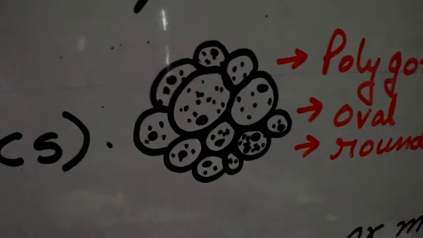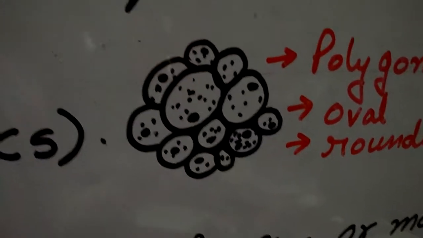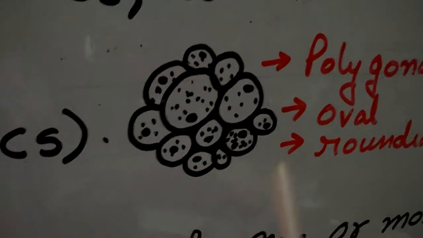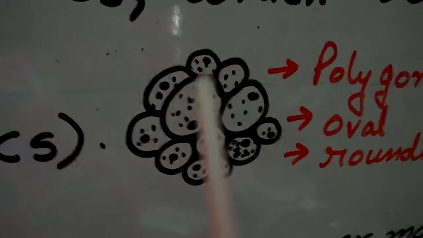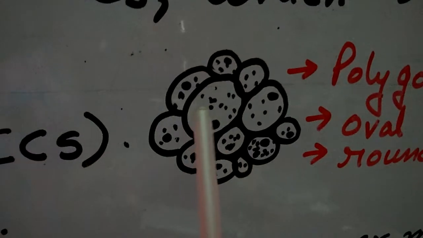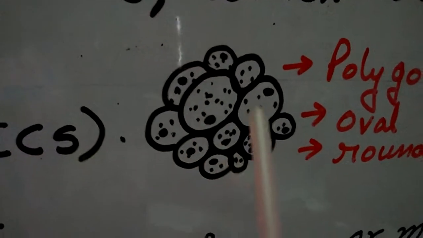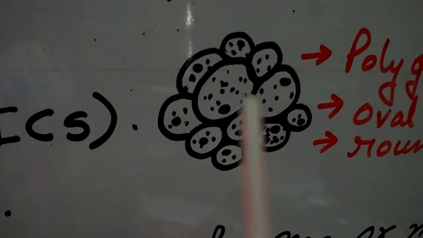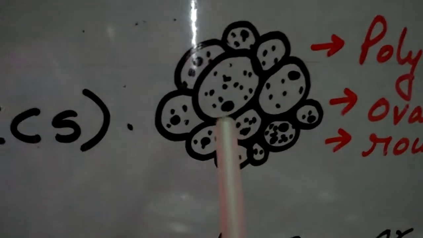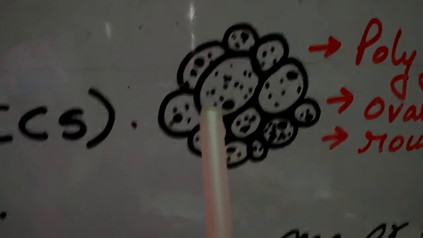If you notice here, I have drawn a very bad diagram, but just to make it clear, consider a cell out of this group, this is a cell. There is a lot of cytoplasm, as you can see as black dots here, and a single nucleus, but here it is written one or more nuclei.